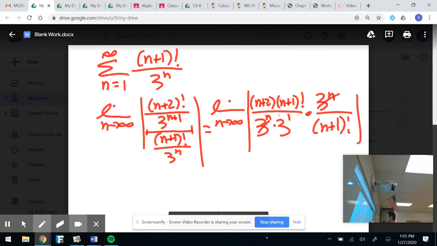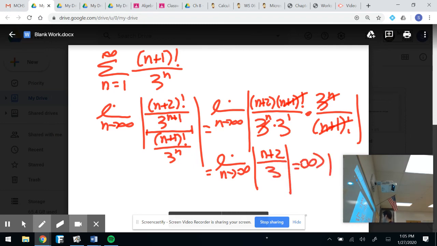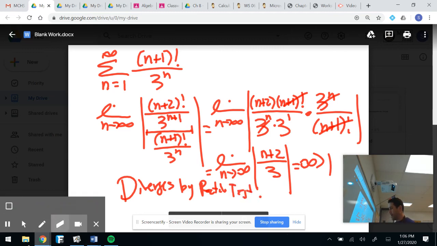And I get the limit as n approaches infinity of the absolute value of n plus 2 over 3, which would be equal to infinity, which is greater than 1, which means it diverges by the ratio test. That means the original problem diverges by the ratio test. Okay? So hopefully you tried that one on your own.